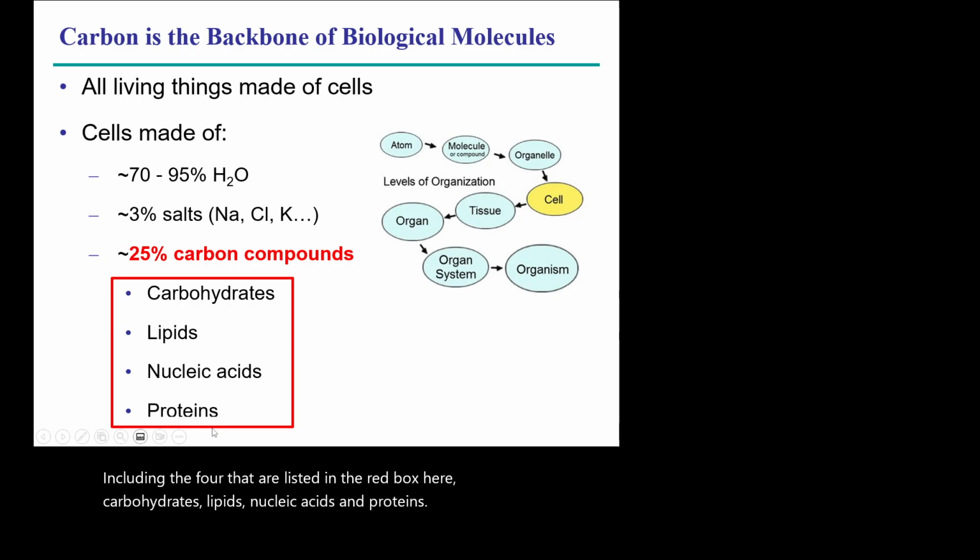Something they both have in common that many organic compounds do is that they're mostly comprised of carbon and hydrogen atoms. But sometimes you'll see carbon bonded to other elements like oxygen, nitrogen, sulfur, and phosphorus.